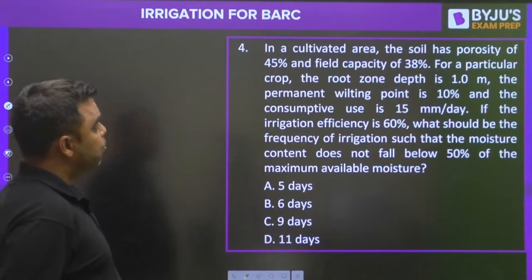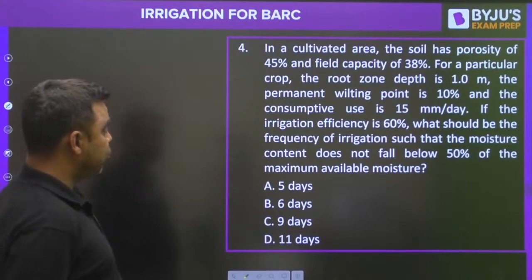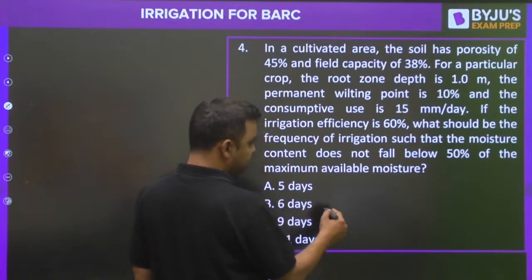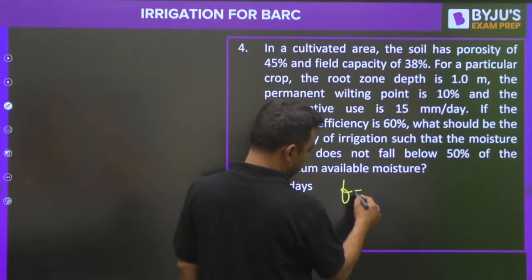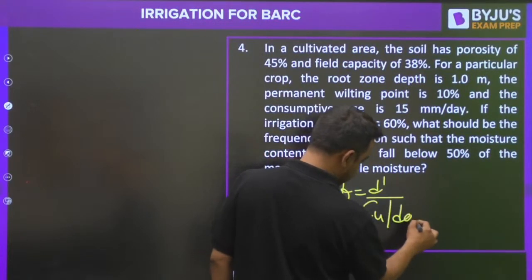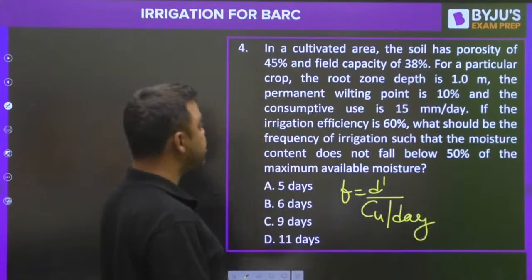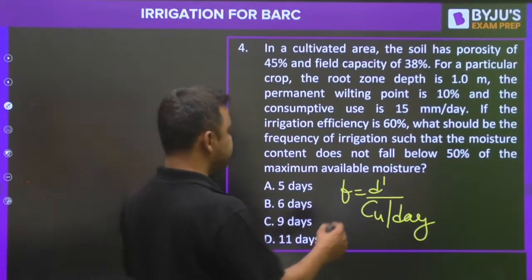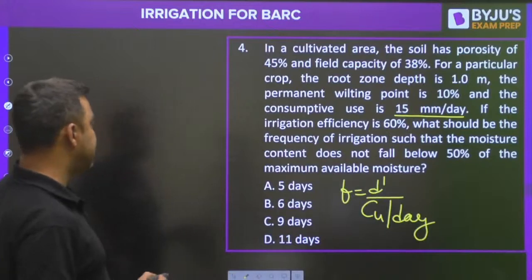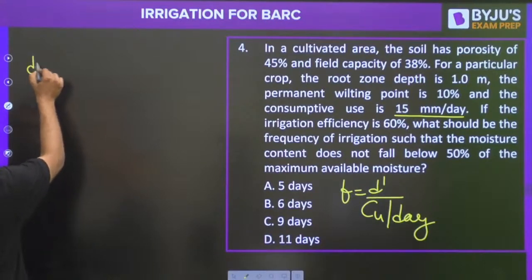So, what should be the frequency of irrigation? Again, we are aware that Fw is equal to D dash by CU per day. CU per day is 15 mm per day.